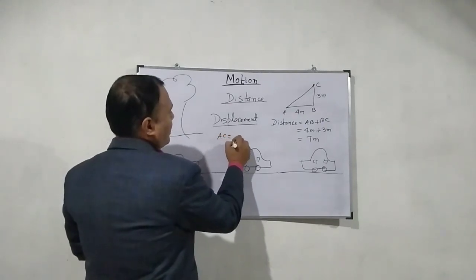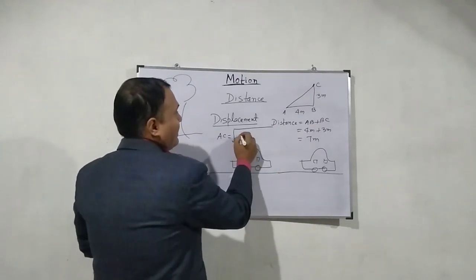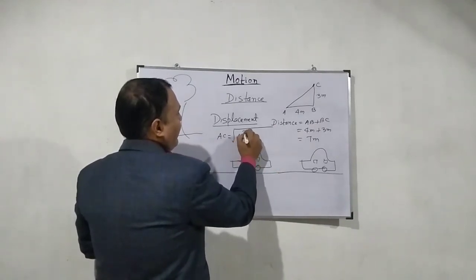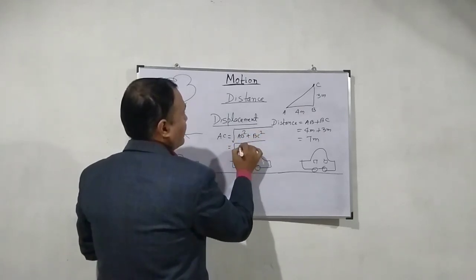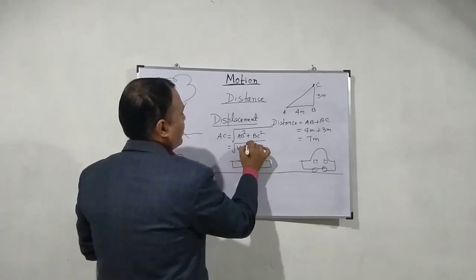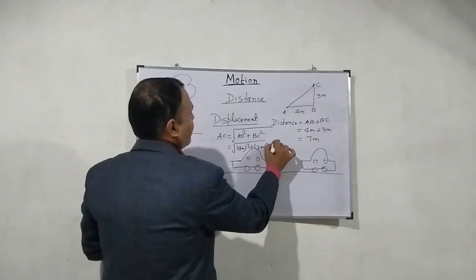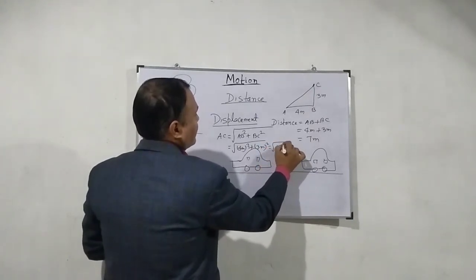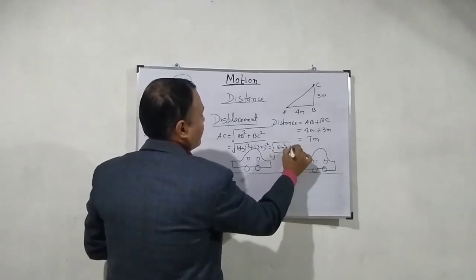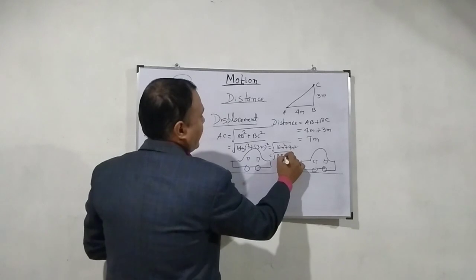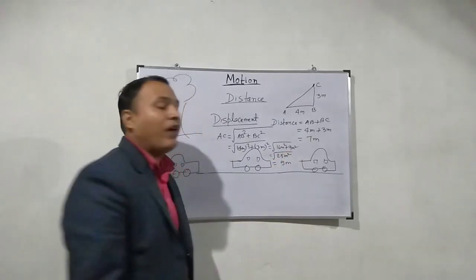By using the Pythagoras theorem, we can calculate AC, that is the square root of AB square plus BC square, equals the square root of 4 meter whole square plus 3 meter whole square, equals 16 meter square plus 9 meter square, that is 25 meter square, and the value of displacement is 5 meter.